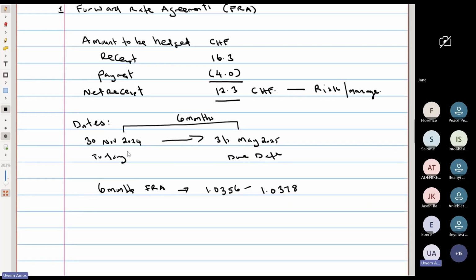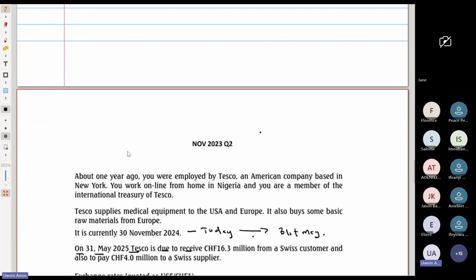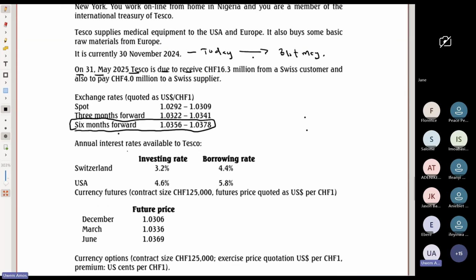How is our exchange rate quoted? Okay, so our exchange rate, which is this, is quoted US dollar divided by Swiss franc.